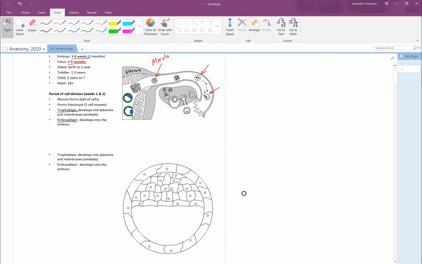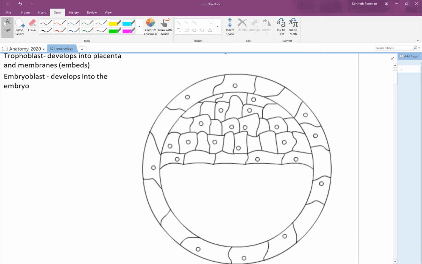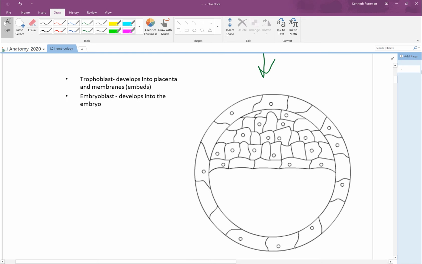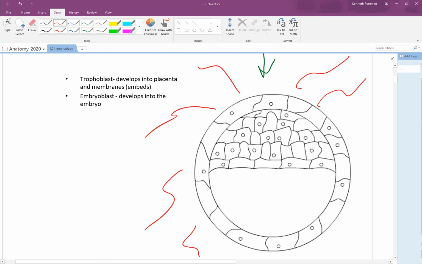Now if I take this image, and down here it's going to be the same image, however now it's embedded into the uterine wall, fully embedded. Out here in red we have the uterus.